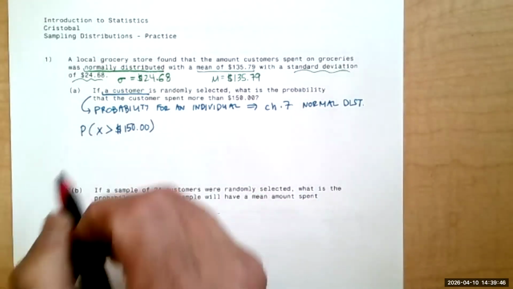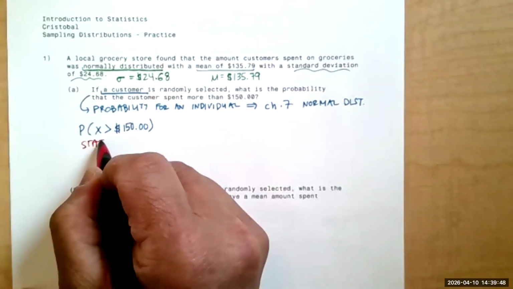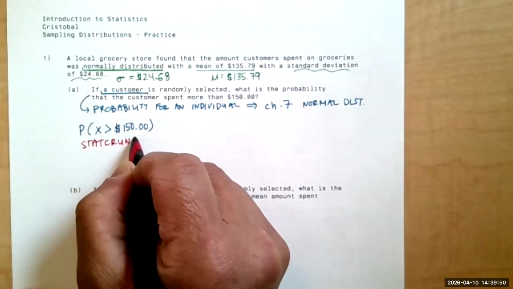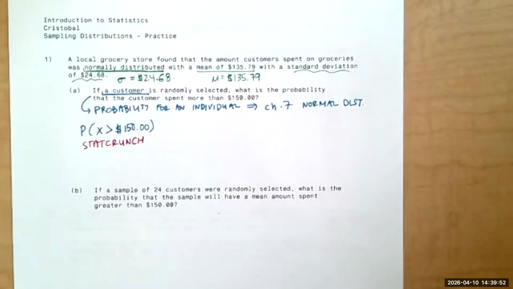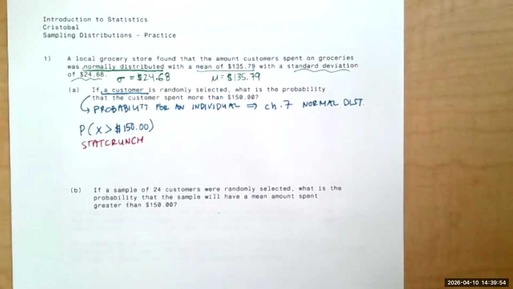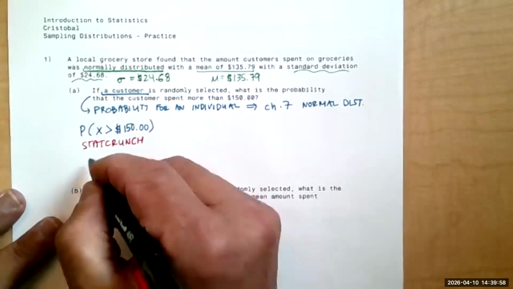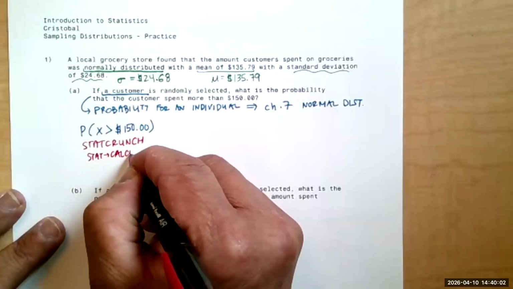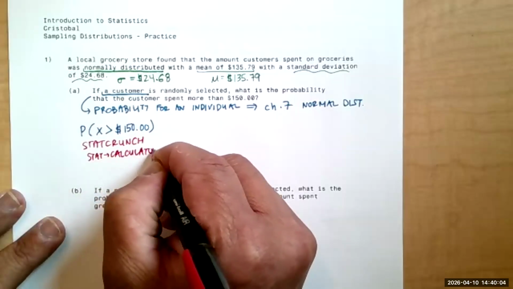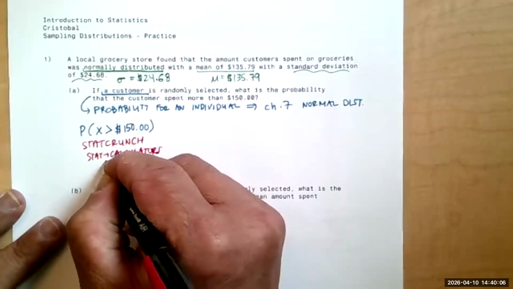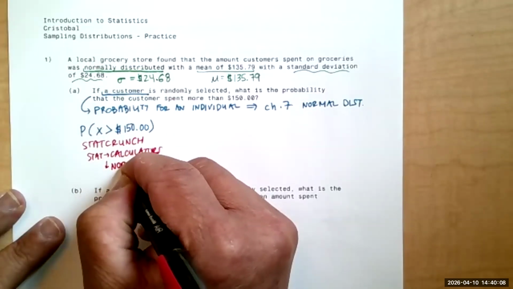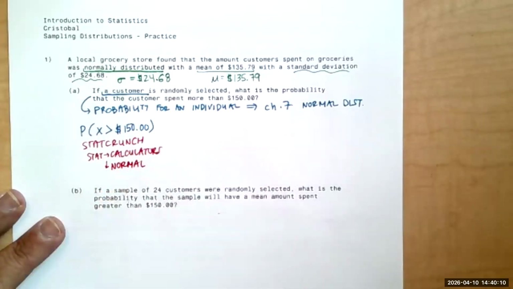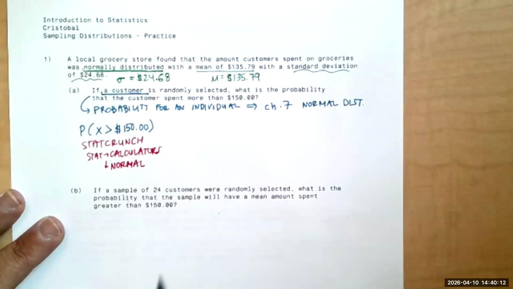So that means we're going to go to StatCrunch, open that, go to Stat, then Calculators, then down to the Normal calculator, and set that up.